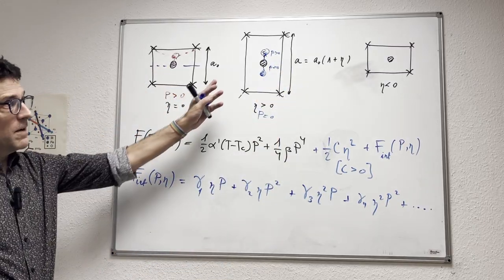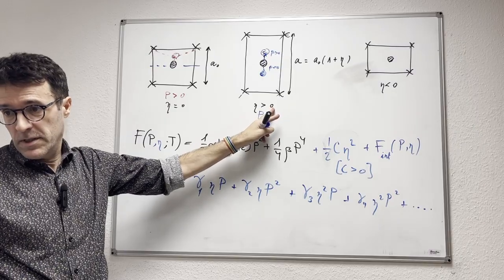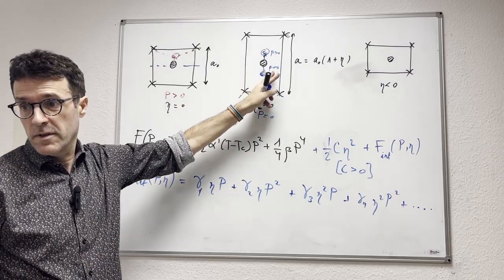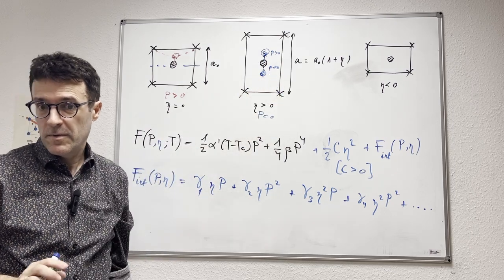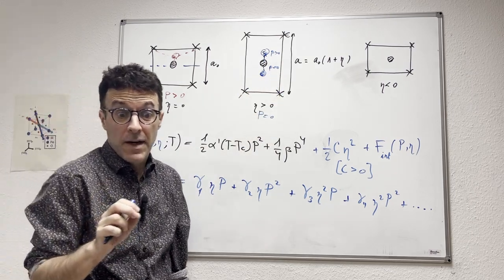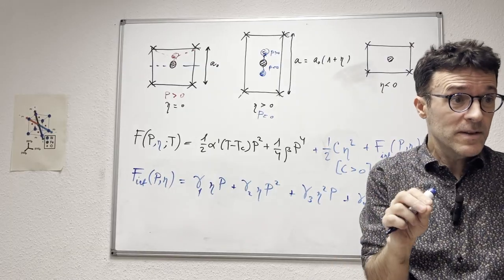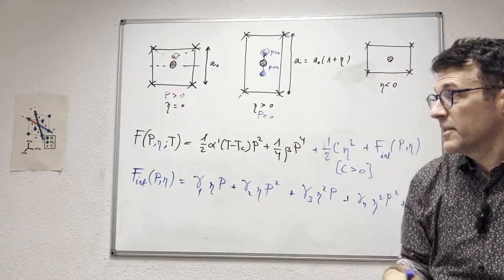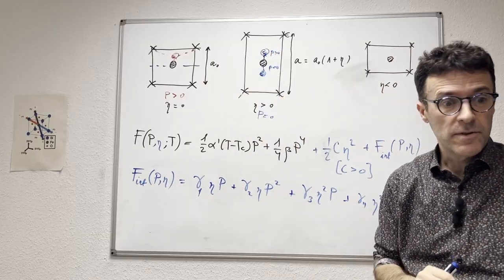Okay, so here we have two states. Strain is positive, it hasn't changed, it's the same in both, but in one of them the polarization is positive and the other one the polarization is negative. These two states are clearly equivalent. We have constructed the second by using a symmetry that is lost when the polarization becomes different from 0.